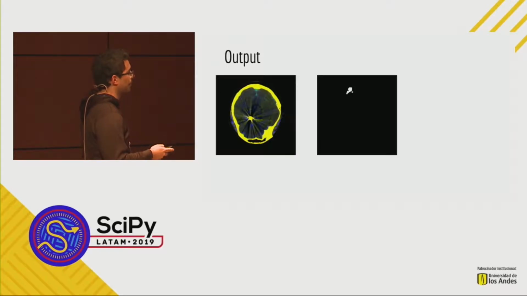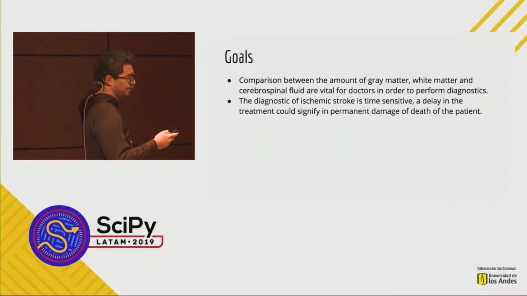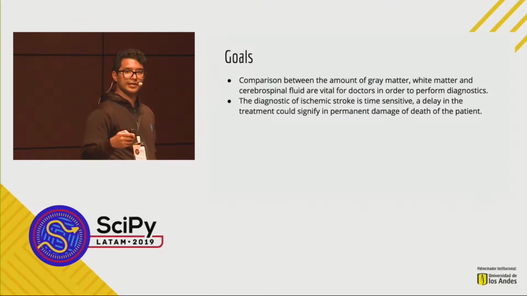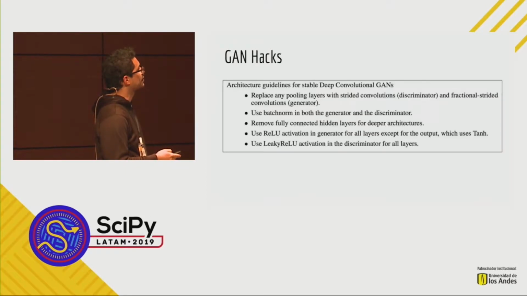It's very valuable information for the doctors, so they can make better diagnostics. For instance, diagnostics in ischemic stroke are very sensitive in time, because patients can have permanent damage or even death. So the faster we diagnose the disease, the better for us and for the patient.